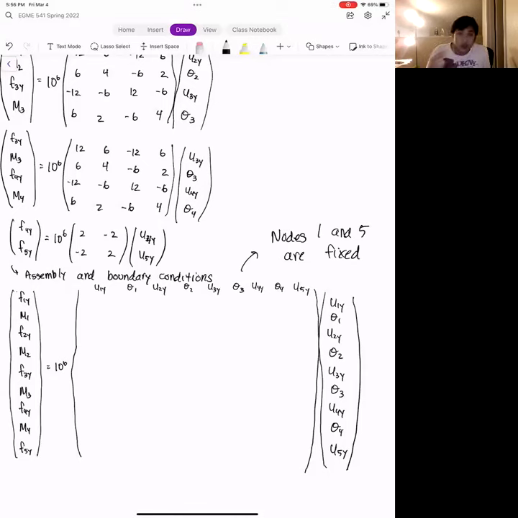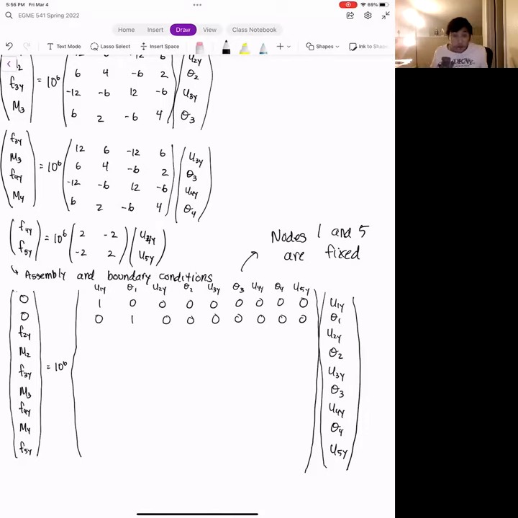Node 1 is completely fixed, so U1y and theta 1 are both equal to 0. So we have a 1, 0, 0, 0, 0, 0, 0, 0, 0, and then a 0, 1, 0, 0, 0, 0, 0, 0, 0. Of course, that means the entries in the forcing vector are also going to be 0.